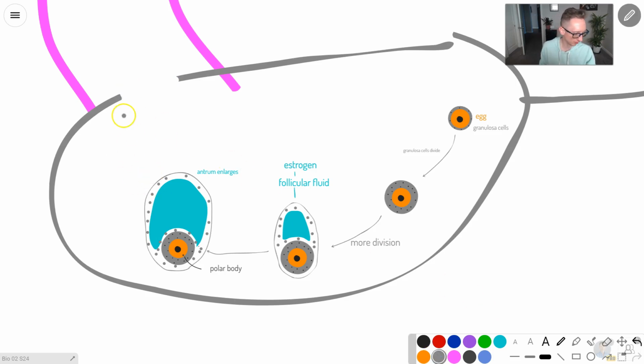This part is going to fuse here, like this, and it's going to release that oocyte, or that egg. That's what this is. So this is now going to be released out here, and all of this follicular fluid is going to be released as well.